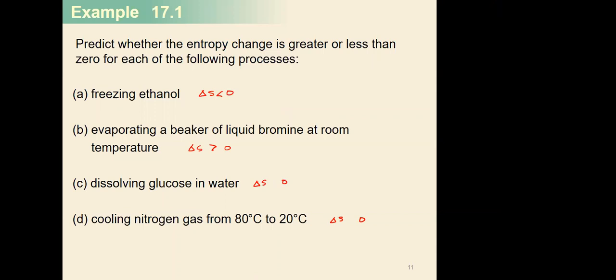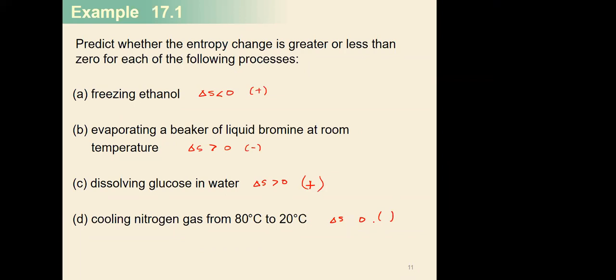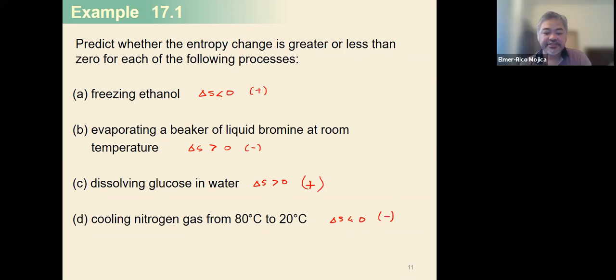Is that also greater than 0? Okay, so this is going to be greater than 0. The delta S would be positive. Then another question that you can ask: what could be the delta S here, a positive or a negative value? A negative value? So this is a negative value, that's less than 0.